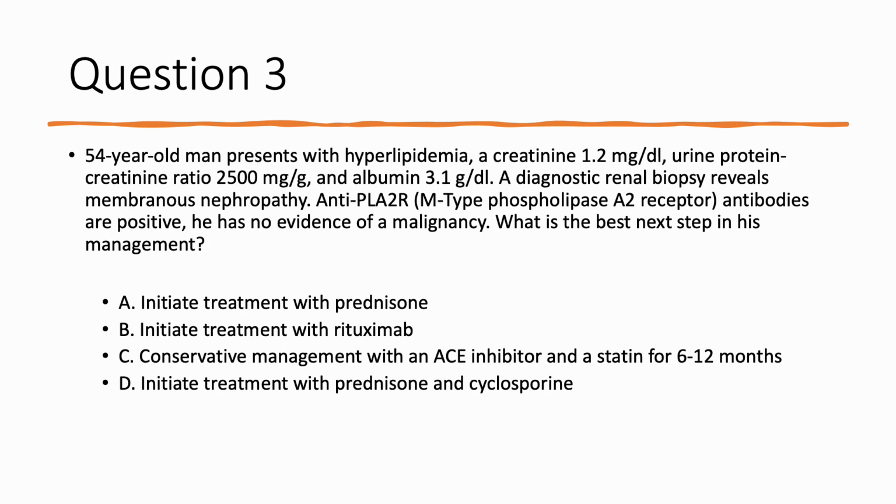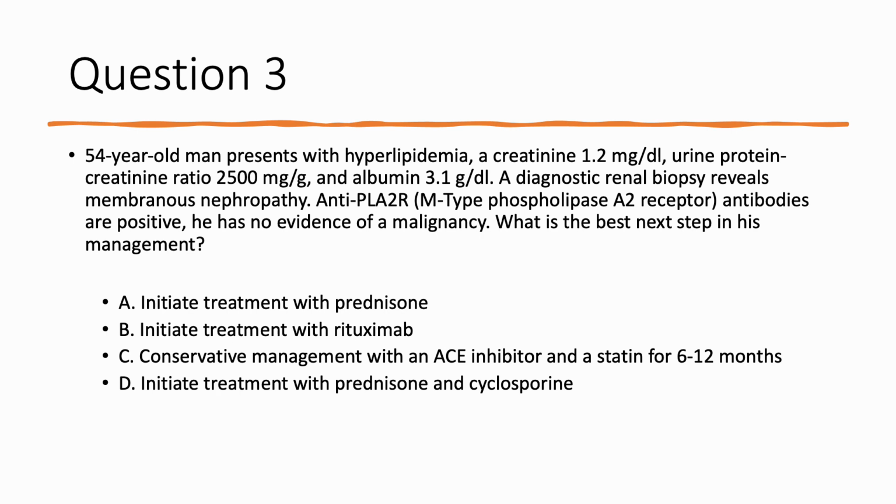Okay, question number 3. 54-year-old man presents with hyperlipidemia, creatinine 1.2 milligram per deciliter, urine protein creatinine ratio of 2,500 milligram of protein per gram creatinine, albumin 3.1 gram per deciliter. A renal biopsy was done. It reveals membranous nephropathy.